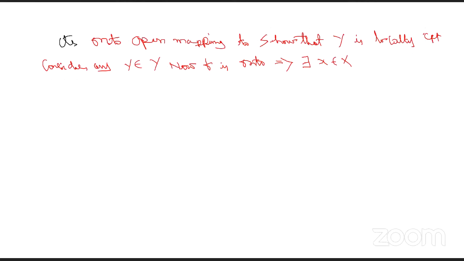We wrote this by the definition of an onto function: the range should be equal to its codomain. That's why f of x equals y.